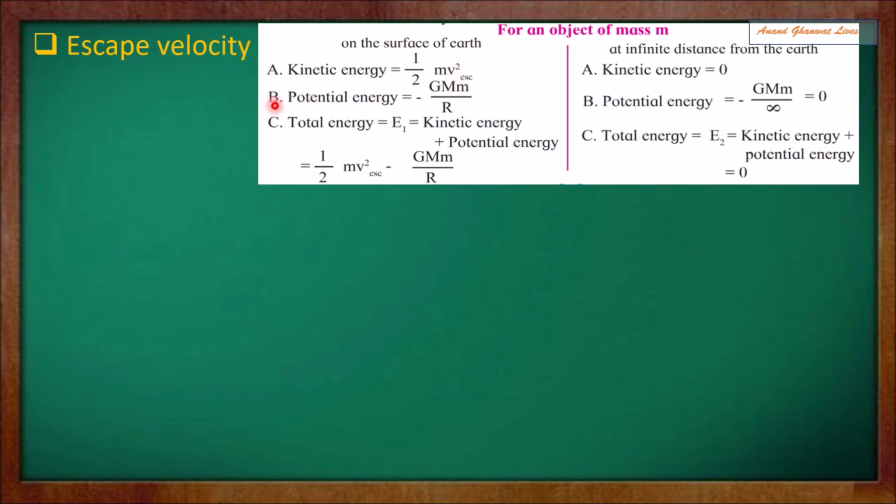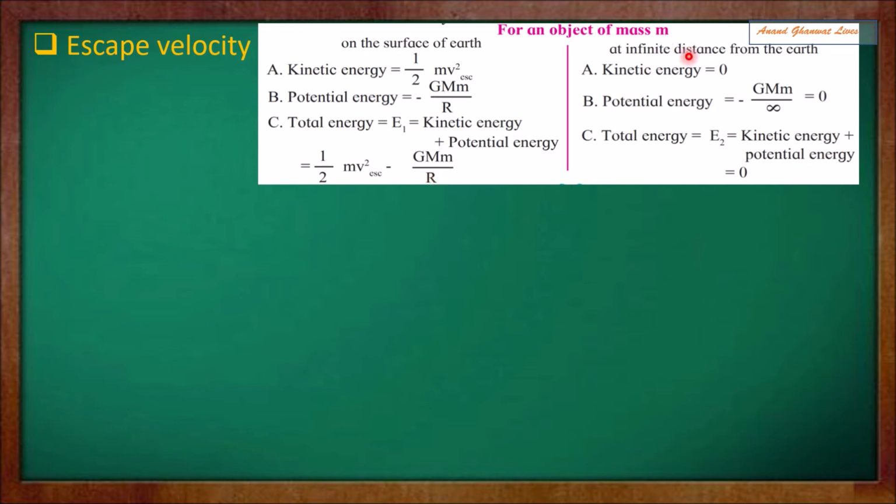Then the potential energy of that object is equal to negative G into m upon r. So the total energy on the surface of the earth is equal to kinetic energy plus potential energy. It is equal to 1 half m into the square of escape velocity minus G into m upon r.